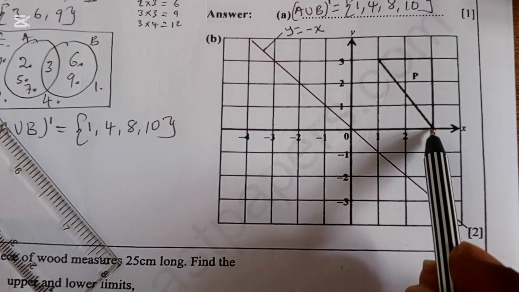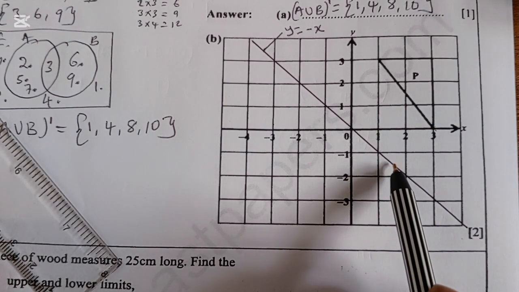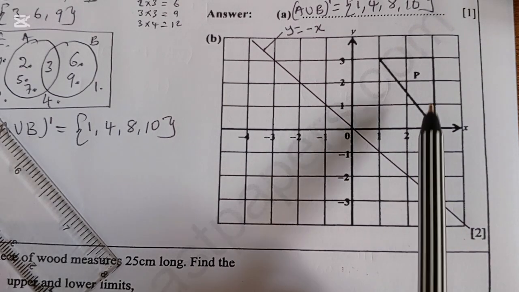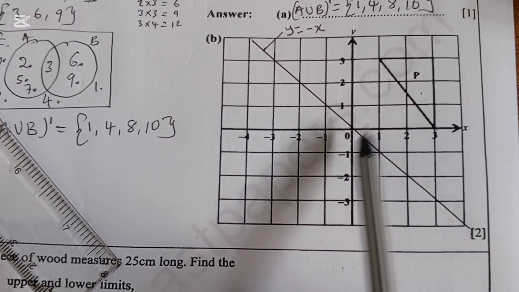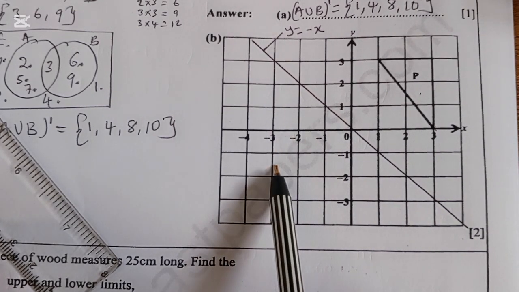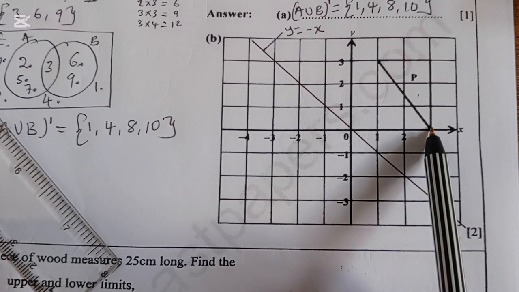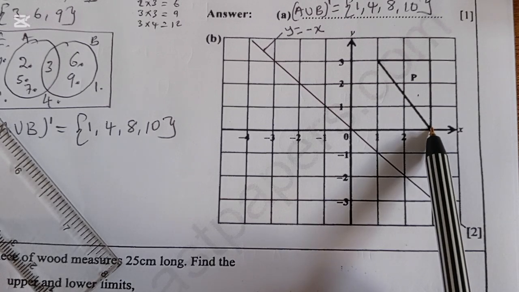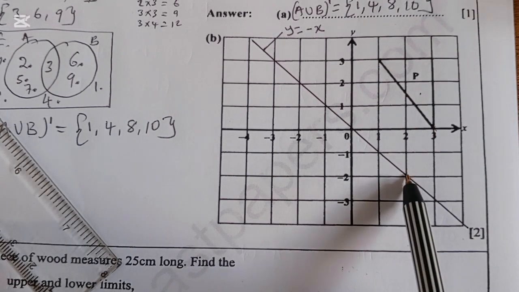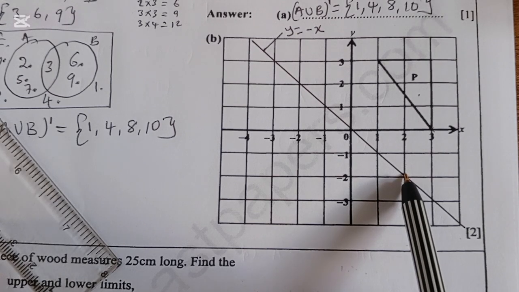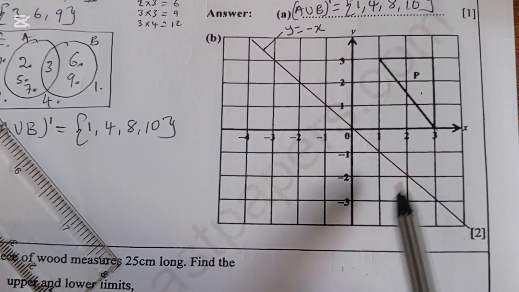Remember that the point is moving perpendicular to the mirror line. This is the object, and the image will be on this side. Under reflection, each point will move from the object to the mirror line, and the distance from the mirror line to the image should be equal.